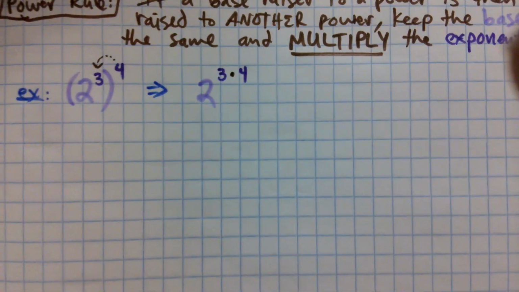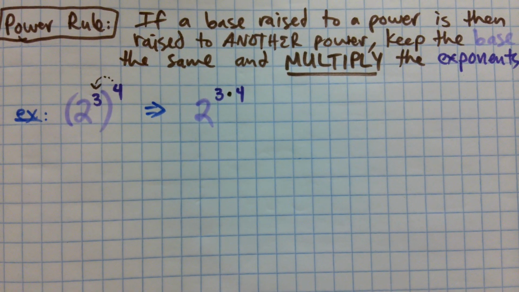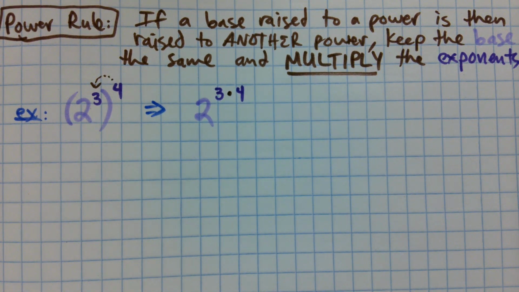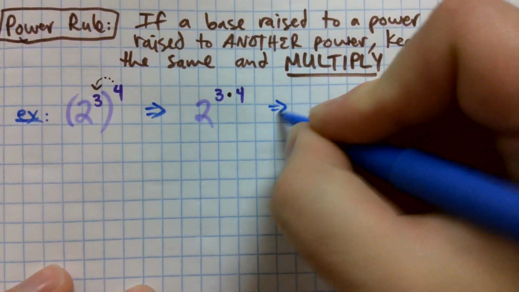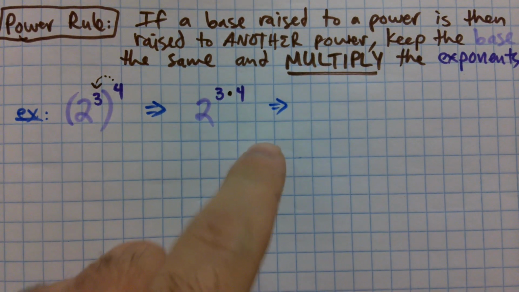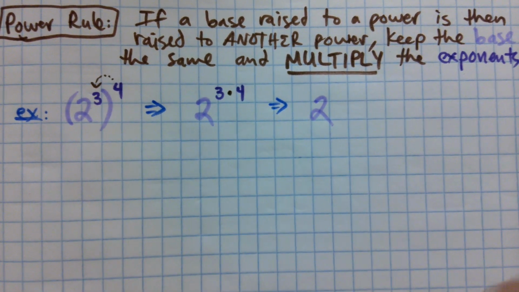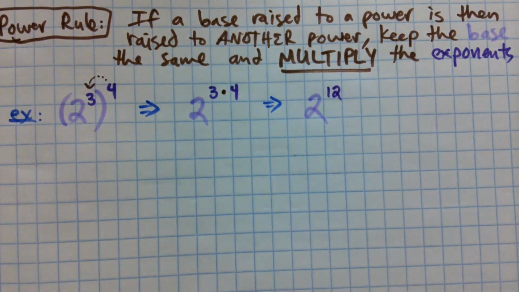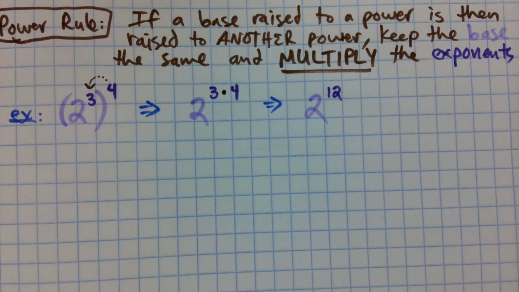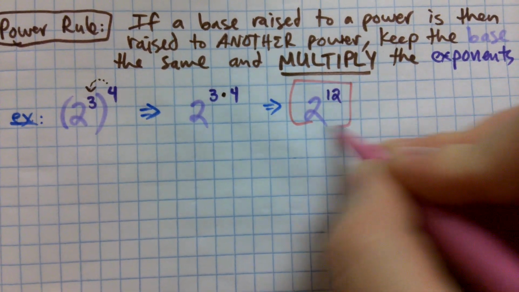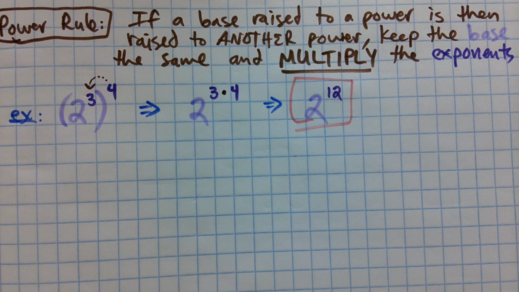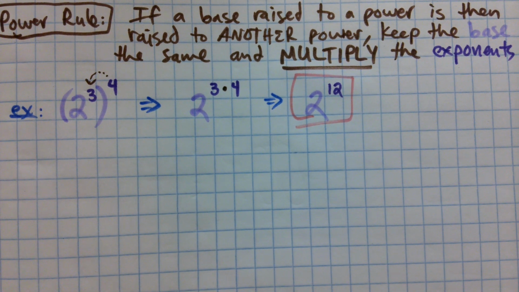I'm going to zoom in here so we can see better. 2 to the power of 3 times 4. Okay? Now what is 3 times 4? 12. 2 to the power of 12 is what we get. It's going to take us forever to multiply 2 by itself 12 times, so we can leave it just like that.